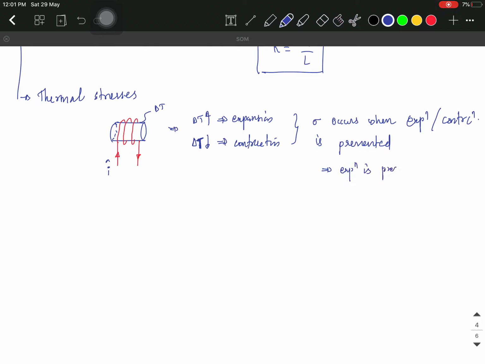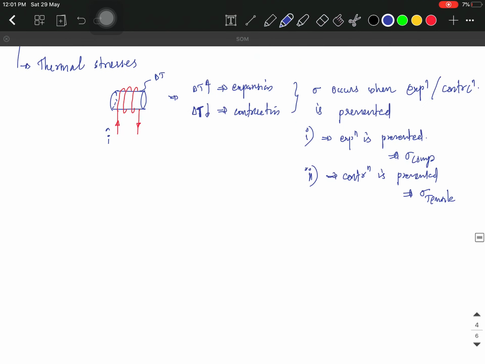Also note that if expansion is prevented, it causes compressive stress, and if contraction is prevented, it causes tensile stress. Please note these two important points.